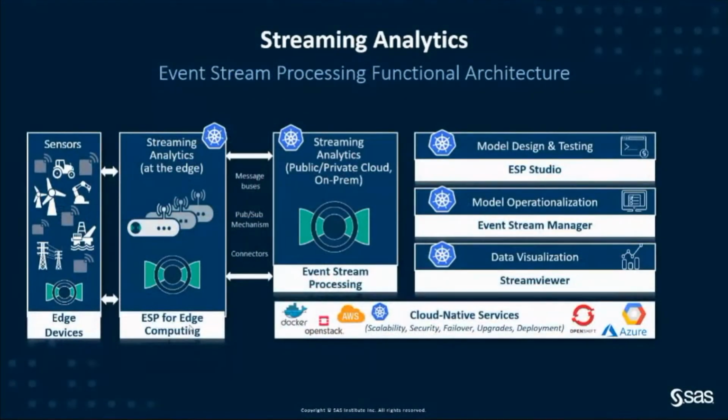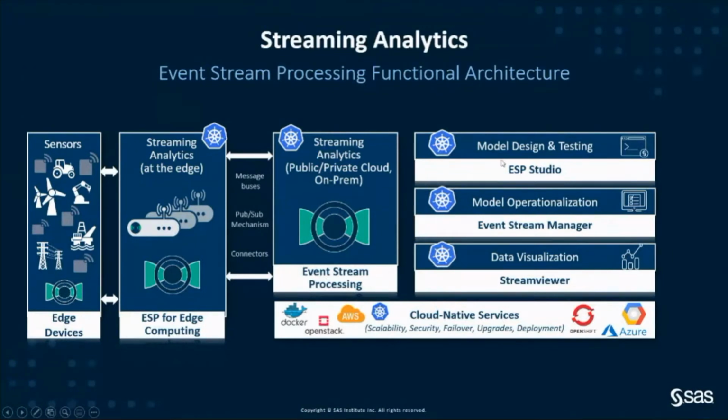This is the event stream processing architecture. It's a very high-level architecture where you see that we have the streaming engine running at the edge. That is where we collect all the data coming from the sensors. Then we have the streaming analytics engine running in the cloud.